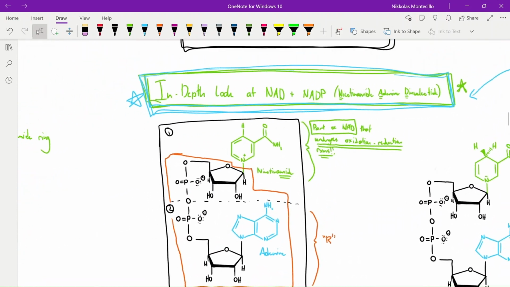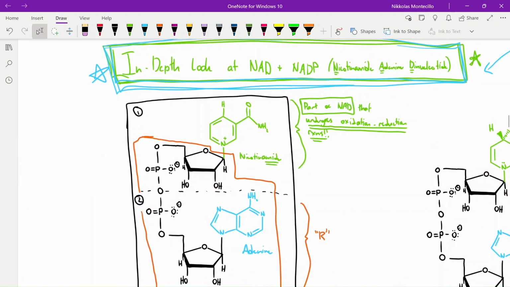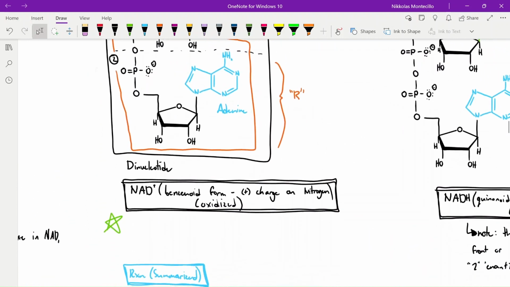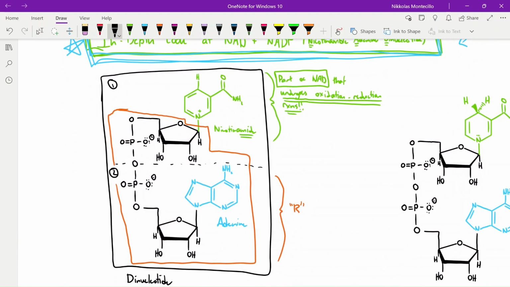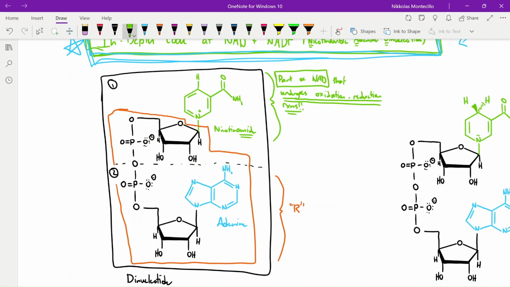Now, let's take a closer look at NAD and NADP. A key thing we want to focus on and observe here is the nitrogenous ring, the nitrogenous base.